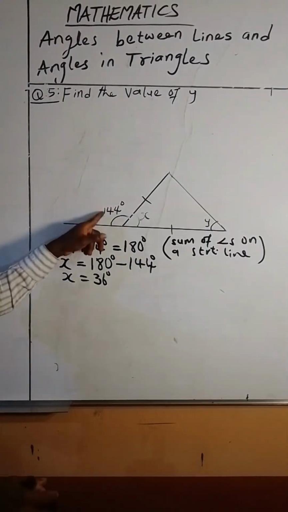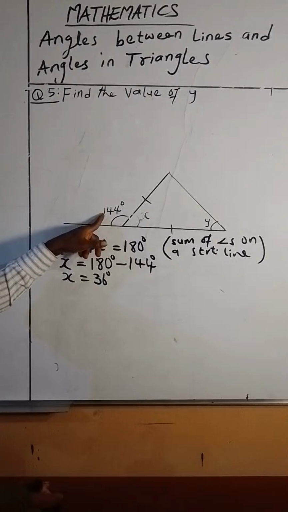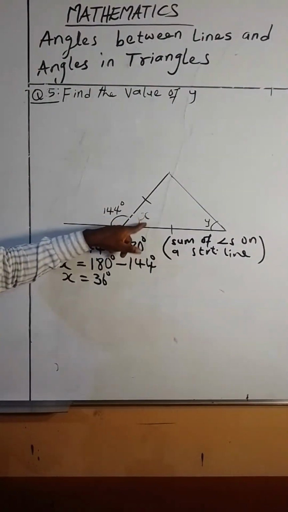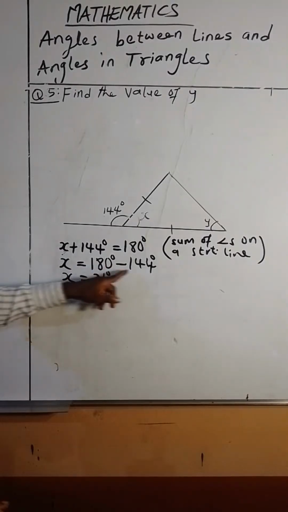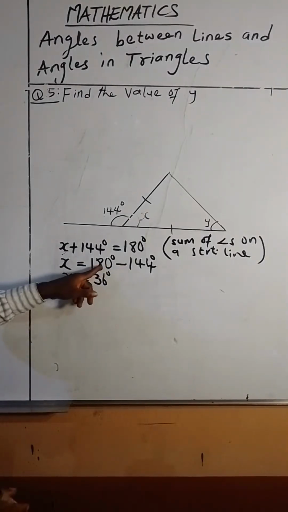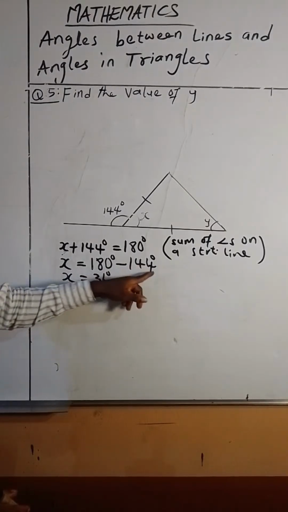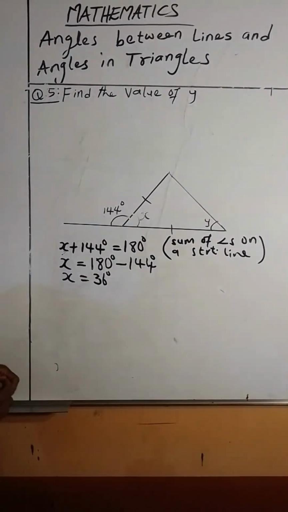This here is 144, and here is 36, because when you subtract, 100 is gone, 80. 80 minus 40 is 40, then minus 4, that is 36 degrees. All right, so that is what we got there.